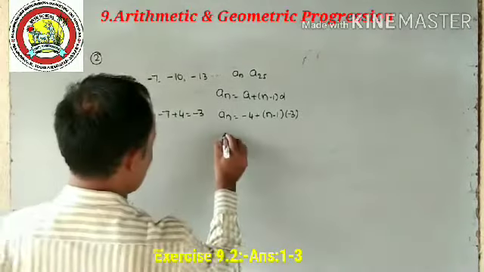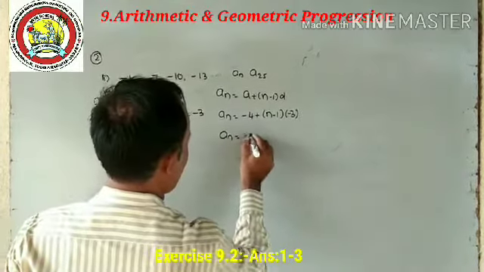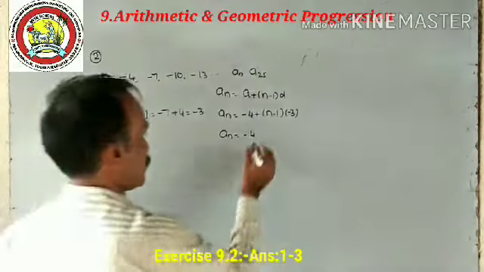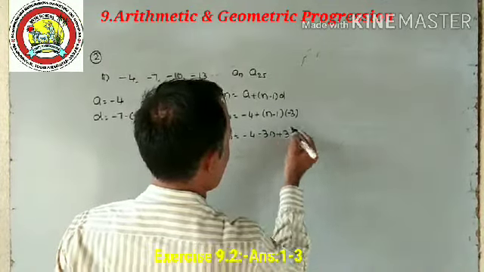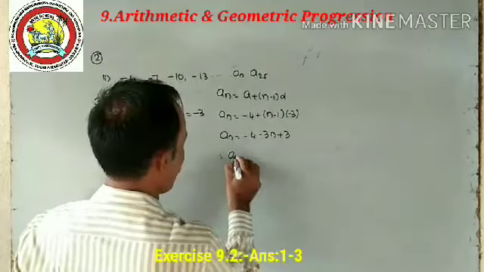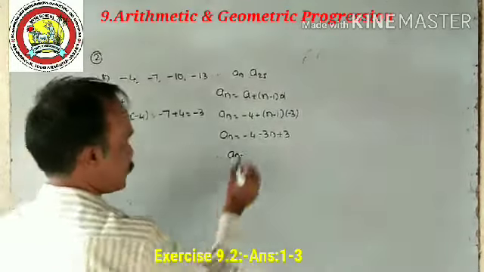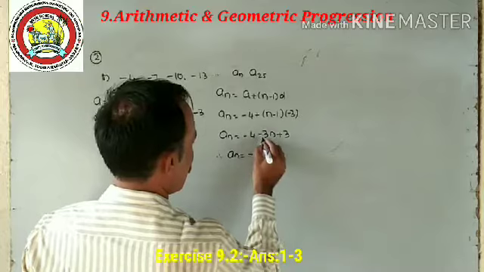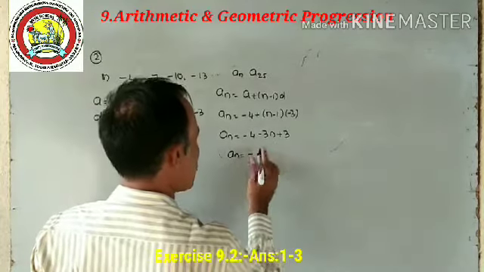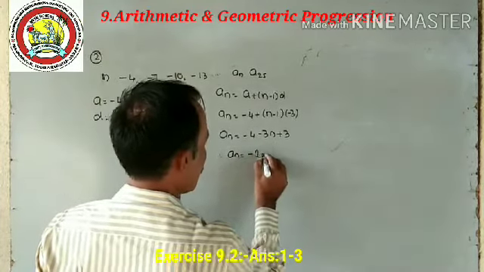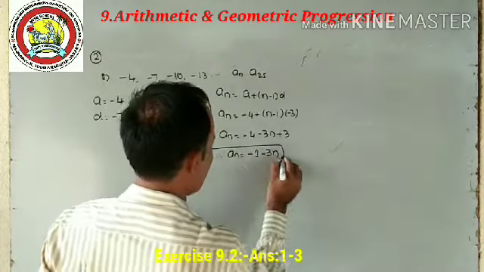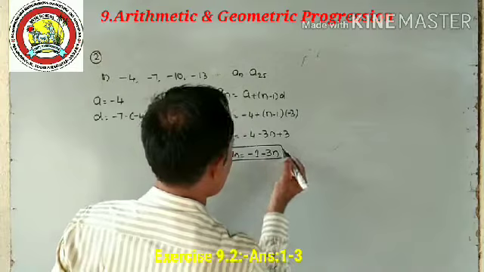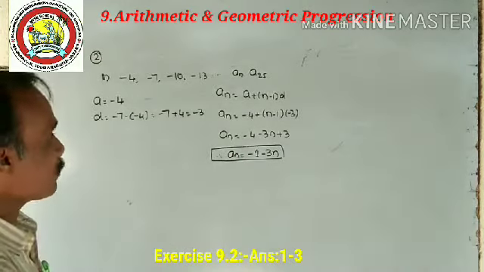So An is equal to minus 4 plus minus 3 into n, minus 3n, plus 3 into 1, 3. Therefore, An is equal to minus 4 plus 3 minus 3n, that is minus 1 minus 3n. So this is the value of An.